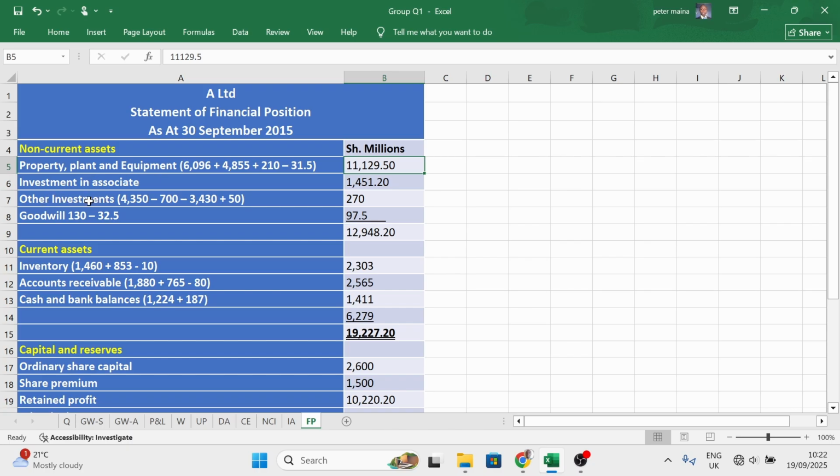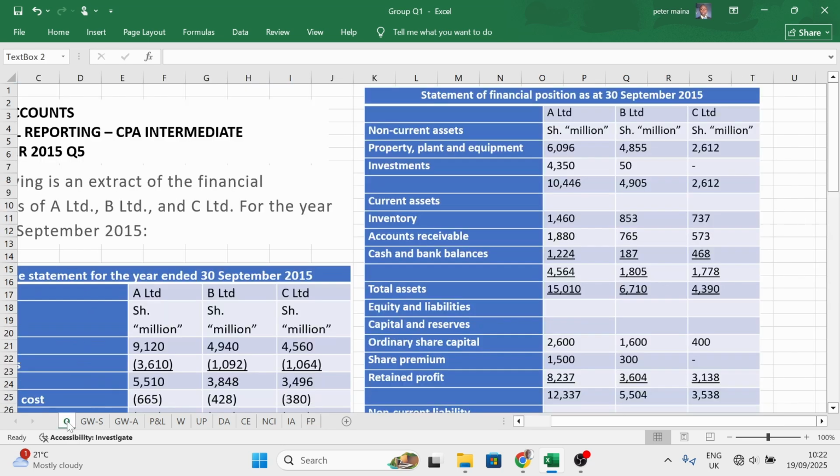So where do other investments come from? Let us go back to the original statement of financial position to find out. In the statement of financial position, there was investments. The parent had 4350, the subsidiary had 50. We are supposed to add the parent's amount to the subsidiary's amount, and then we are supposed to deduct from the parent's amount the cost of investing in B Limited and the cost of investing in C Limited.